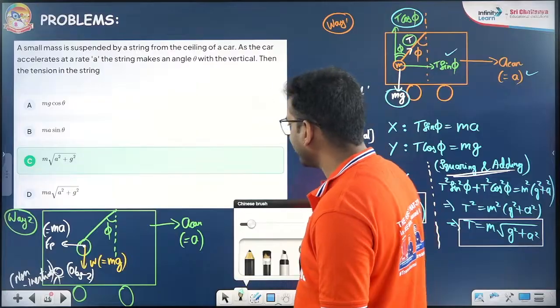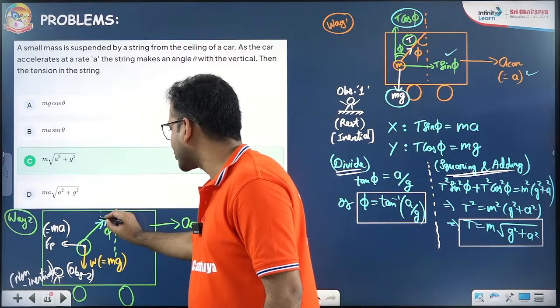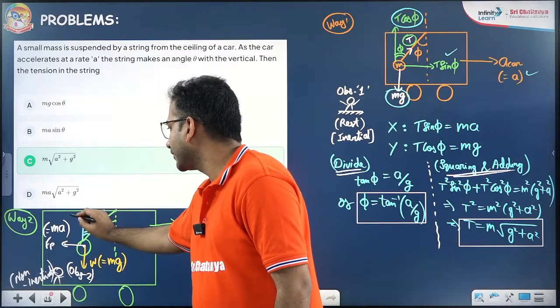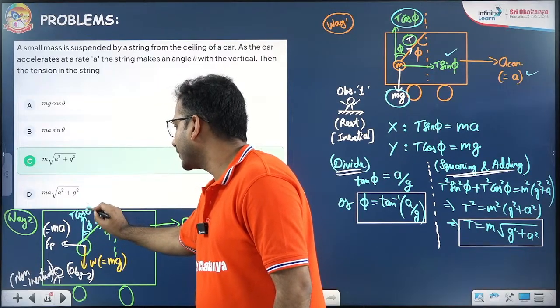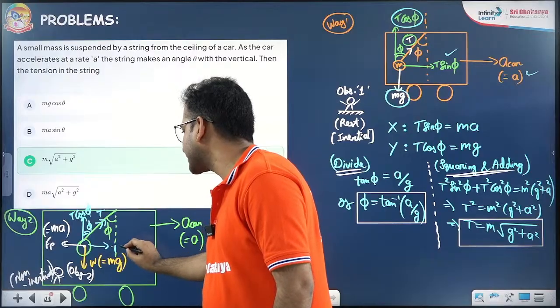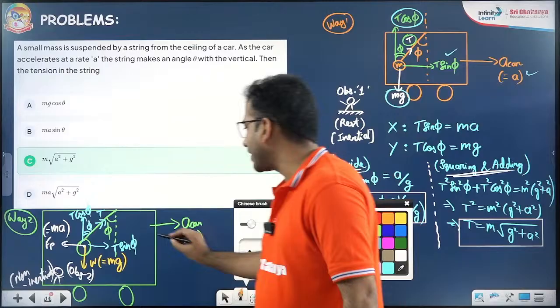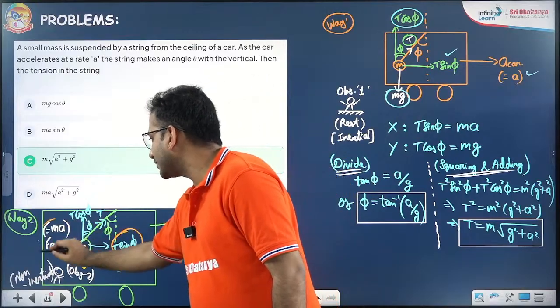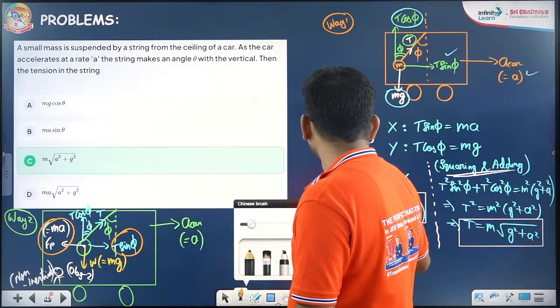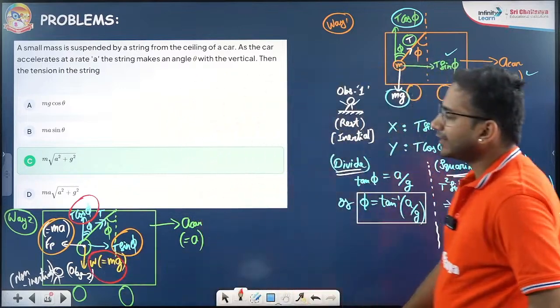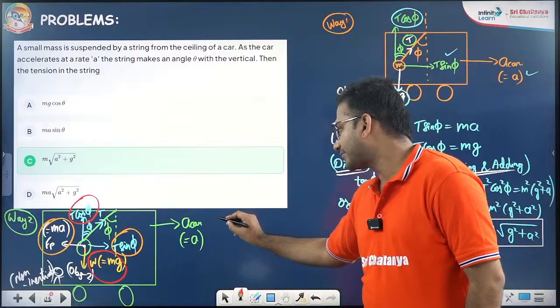Now if I represent this tension and resolve it, if this angle is phi, there will be T cos phi and T sin phi. Now you can clearly do the balancing. T sin phi must be equal to pseudo force and T cos phi must be equal to weight.